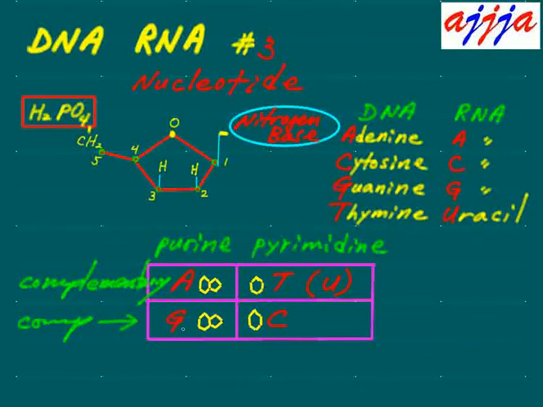So sideways, if you remember this picture, the purine family is the left hand side, the pyrimidine family is the right hand side, also complementary-wise. A and T, AT or TA, doesn't matter, back and forth. Now C, G, that's also complementary.